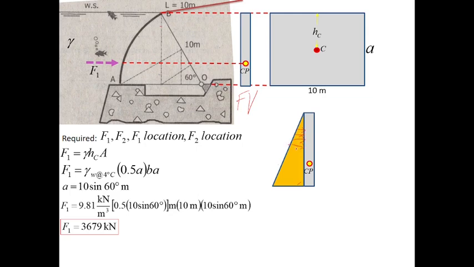Habang pababa ka, lumalakas yung pressure. Nagkataon lang na ang water surface natin ay sakto dito sa point na to, so pwede tayo mag-form ng triangle dyan. Hindi tayo mahihirapan sa solving.